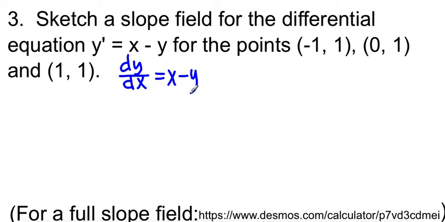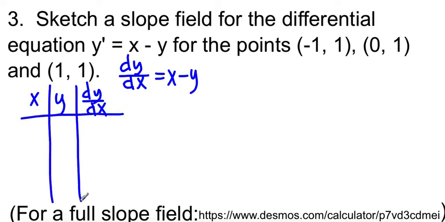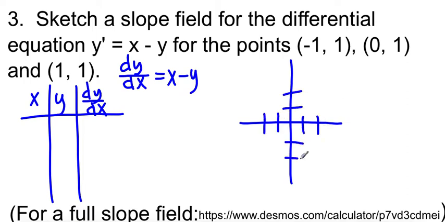So what I'm going to do is set up a table, x, y, and dy/dx, since we have to evaluate at several different points. And then I'm going to draw a coordinate plane, because we need that. Okay, they want us to evaluate at (-1, 1).